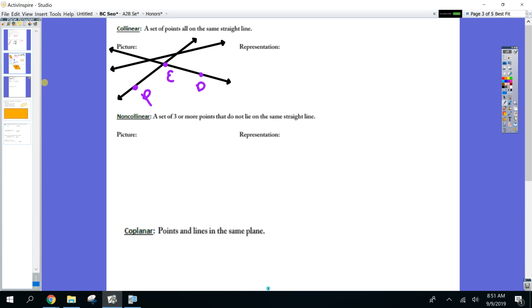That's a P. And here's what I'm going to ask for you. 3 points that are collinear.